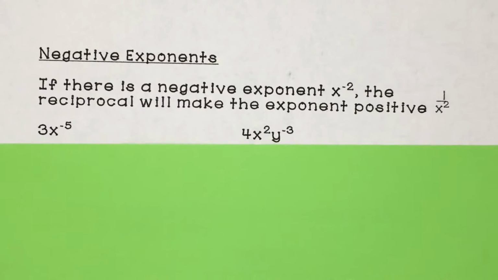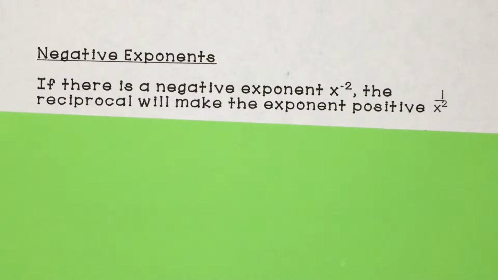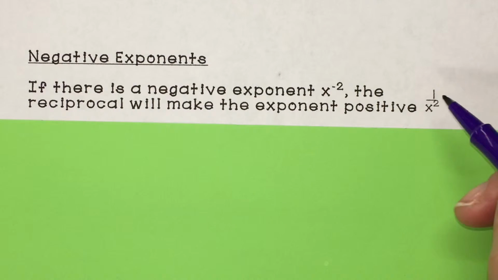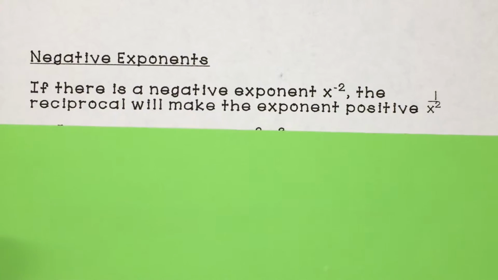All right, now we're going to look at something called negative exponents. If there is a negative exponent, like x to the power of negative 2, the reciprocal, or flip it over, will make the exponent positive. So 1 over x to the positive second power.